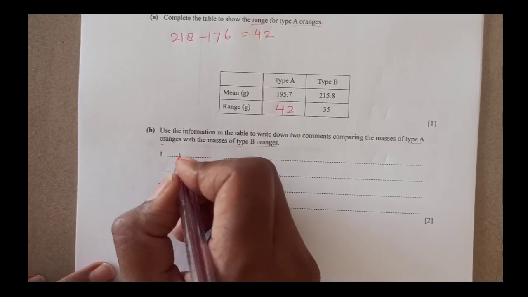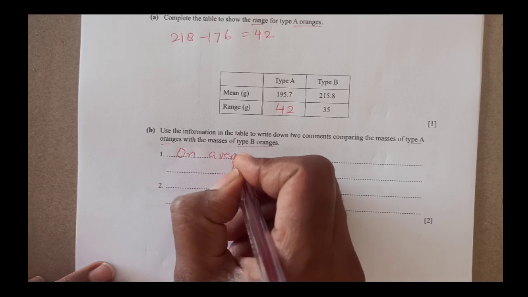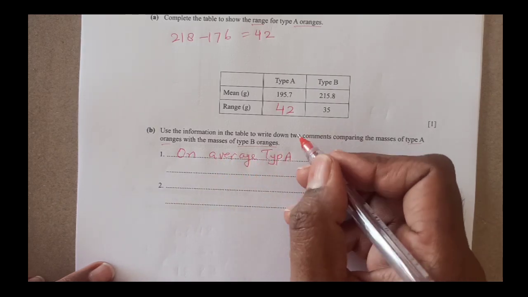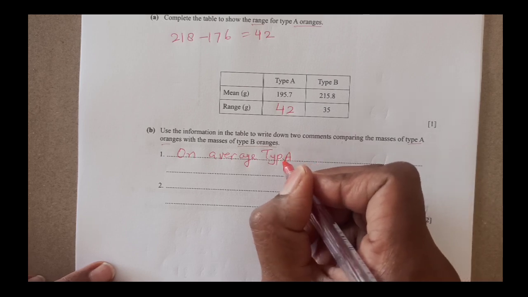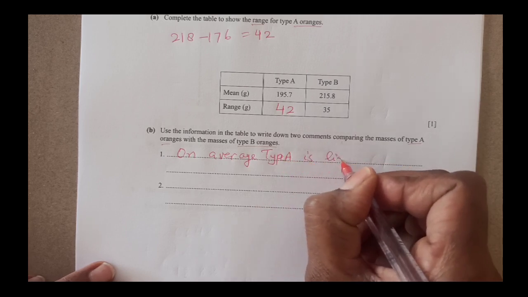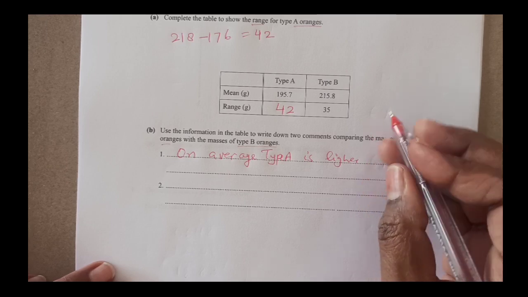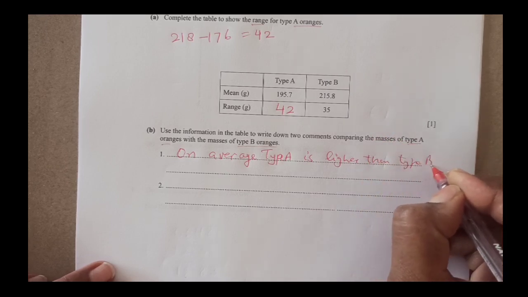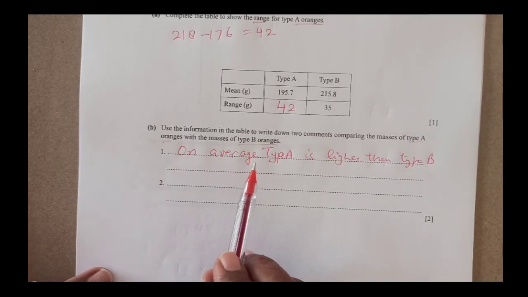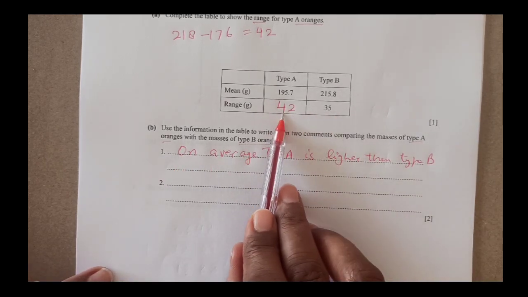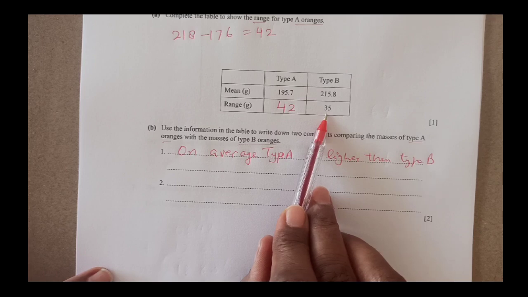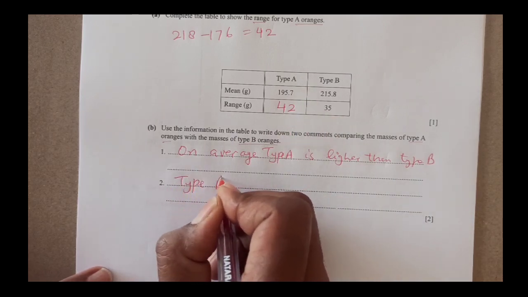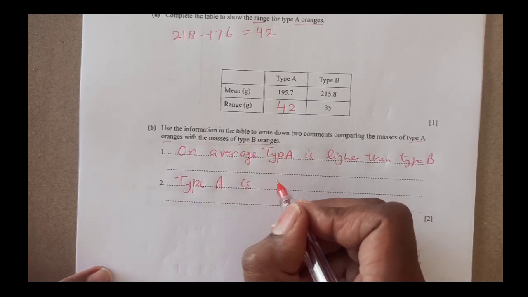So on average type A is lighter than type B, right? Now second one, if you compare the range, you see this range is more than the range of type B. So that means type A is more varied.